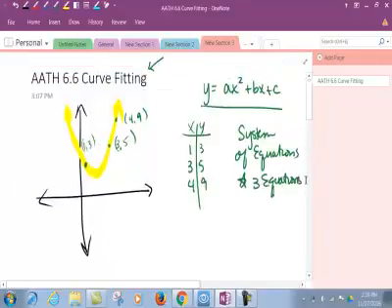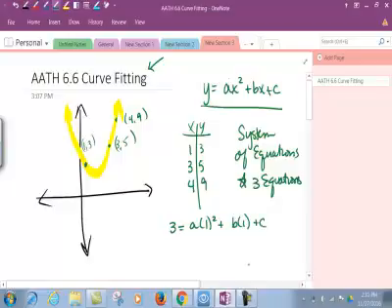All right, so here's what we're going to do: one at a time we're going to put these ordered pairs in for the x and y, and then we'll combine them using some substitution and elimination and solve for a, b, and c. All right, so here is the first equation using the ordered pair (1, 3). So here's 3 equals a times 1 squared plus b times 1 plus c.